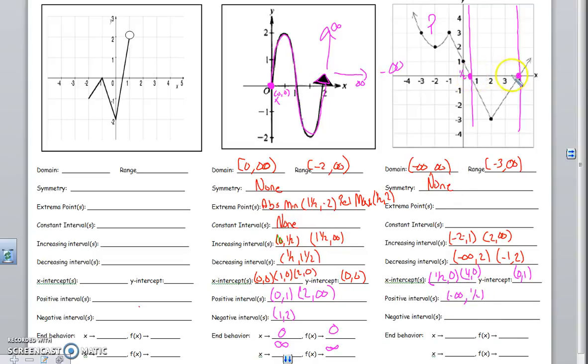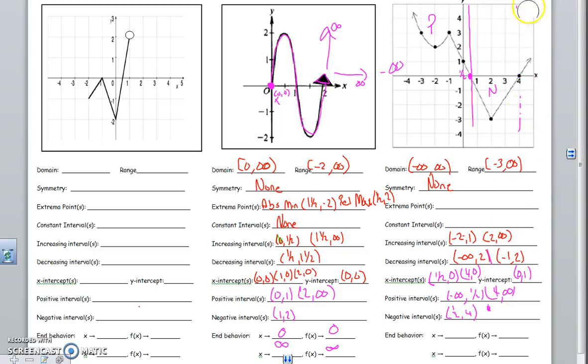Then between 1/2 and 4, it's down here and it is negative. So between 1/2 and 4. And then after 4, so from 4 on to infinity forever, it's going to be positive. So 4 to infinity. Okay, so above the graph, below the graph, and then this is all going to be above, so positive.